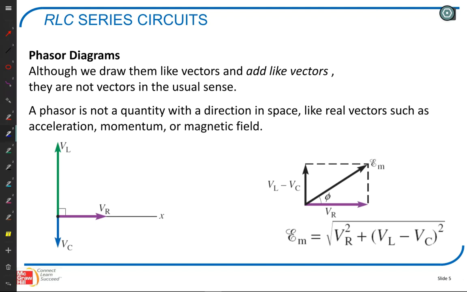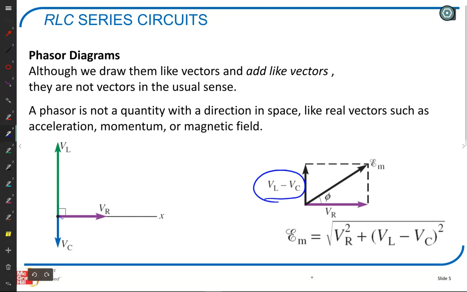I should draw this a little more carefully. Notice the voltage across the inductor here is a big positive. Voltage capacitive is a small negative. So if I put those together, my vertical part is voltage inductive minus voltage capacitive. And then the horizontal part is the voltage resistive.